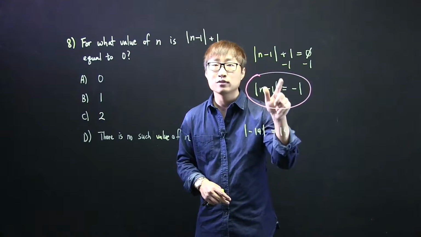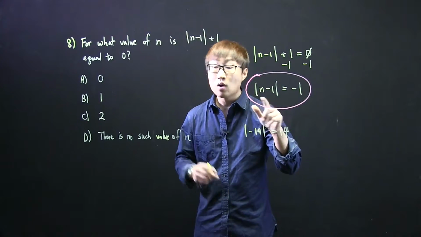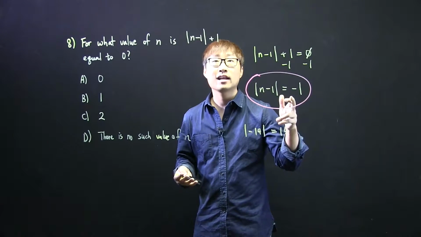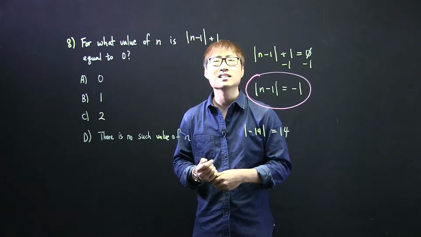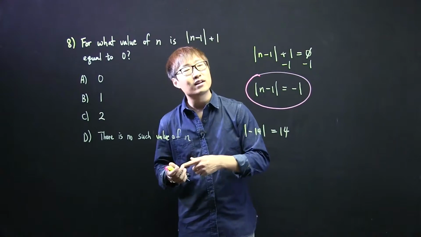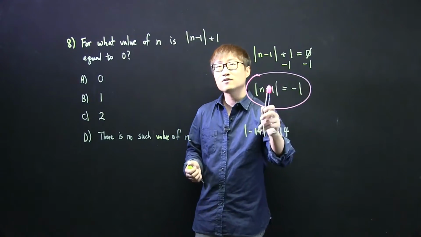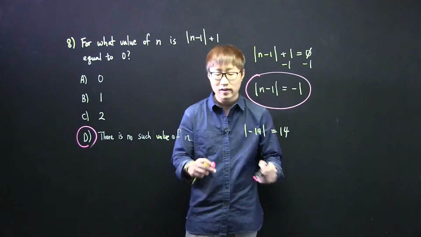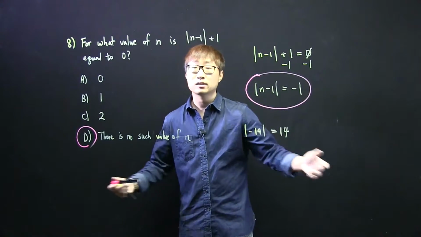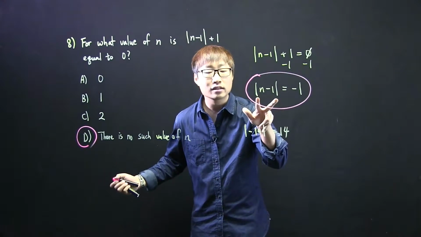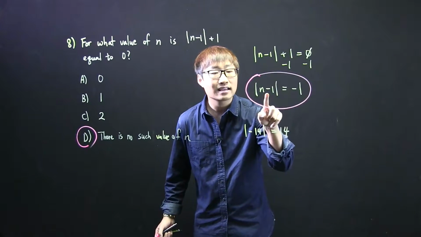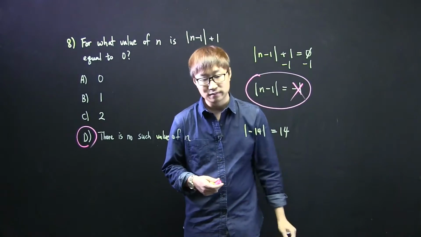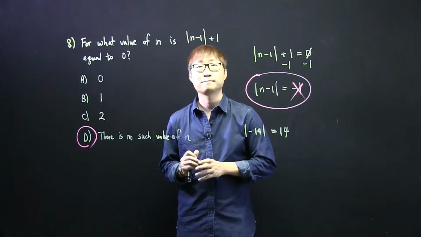How can you take absolute value of n minus 1 or absolute value of anything and end up with a -1? It just doesn't make any sense. So is there any value of n that can satisfy this equation? No, there is no such value of n to match this because, once again, absolute value of anything cannot be negative here. Does that make sense?